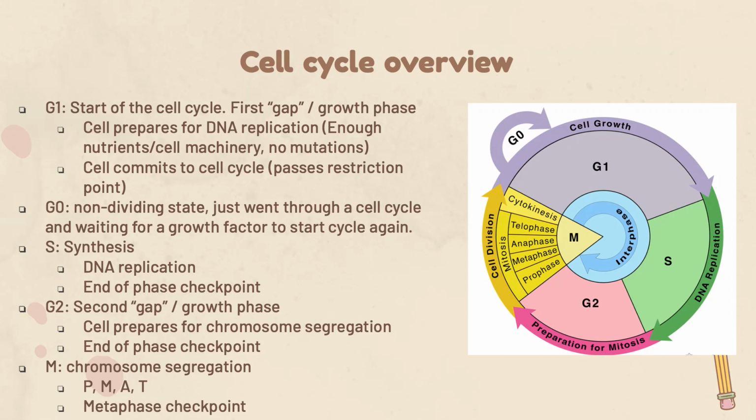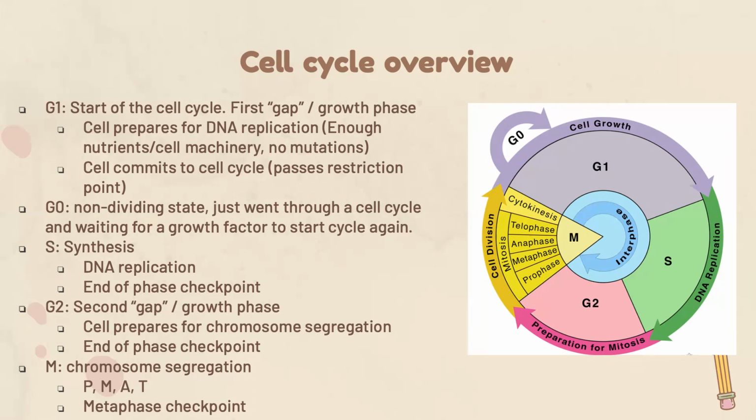And after G1, we get into S phase. This is DNA replication. There is a checkpoint during S phase as well. If something goes wrong, the cells can stop in that phase. And then next is G2. So the cell is growing again after it has replicated its DNA. It prepares for M phase, which is chromosome segregation.